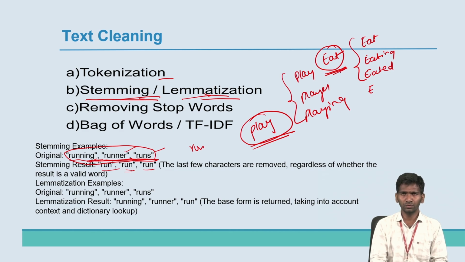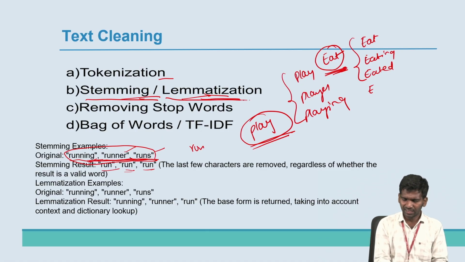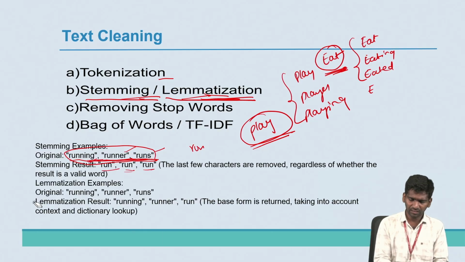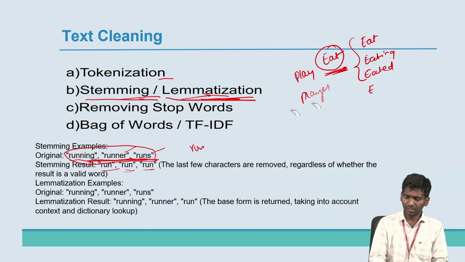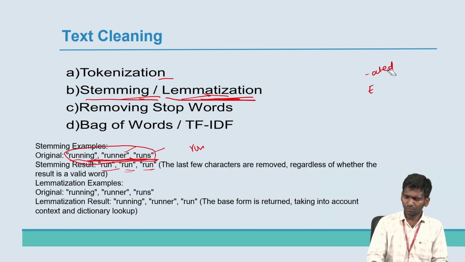So we should have a specified dictionary root word, which we can find with the lemmatization technique. Stemming and lemmatization are nothing but breaking words down into meaningful or root words.